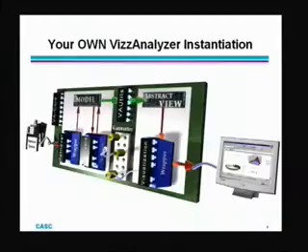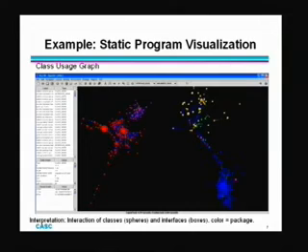So that's actually what the visualizer is, and you see here an example of an instantiation of different kinds of chips that are put on the platine for retrieval, analysis, and visualization. Now, what can you do with that? An example would be to show a static picture of your software system. So this image is the visualizer itself. It shows you different components of the system.